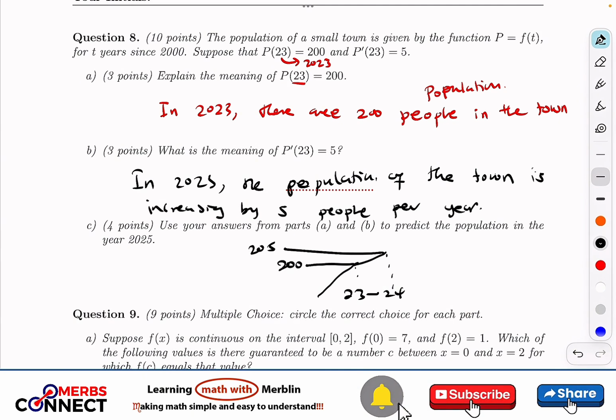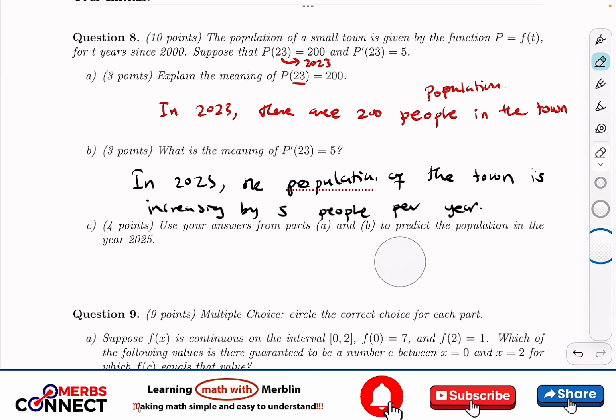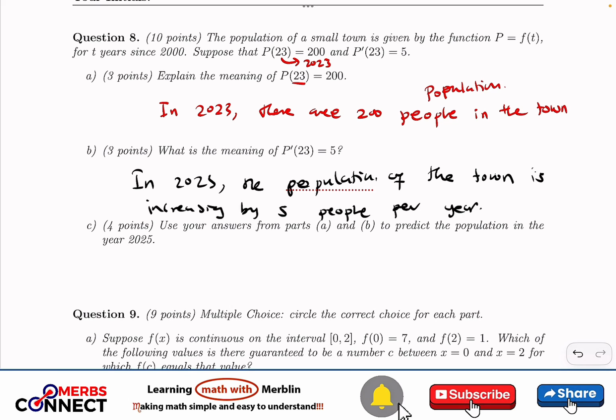If this one was minus, then it's going to decrease by 5, so we will move to 195, which will be 2024. But since it is positive, this is going to increase the population from there per year.